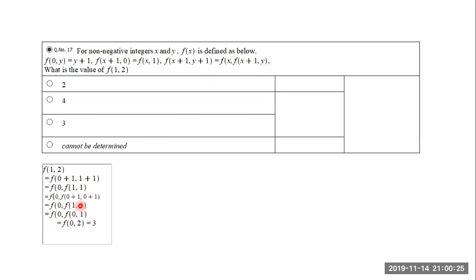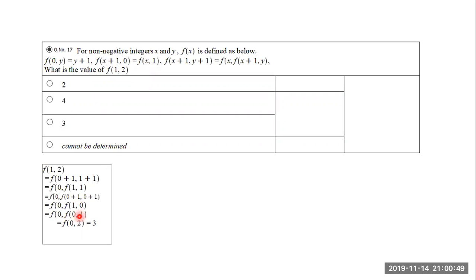See here, f(1, 0) is f(0, 1). Understand? Okay. f(x plus 1, 0) is f(x, 1). Therefore, f(0 plus 1, 0) is f(0, 1). Therefore, f(1, 0), I put it as f(0, 1).